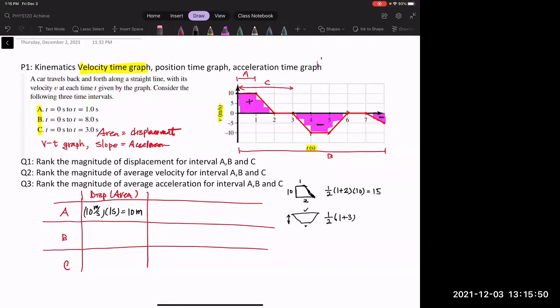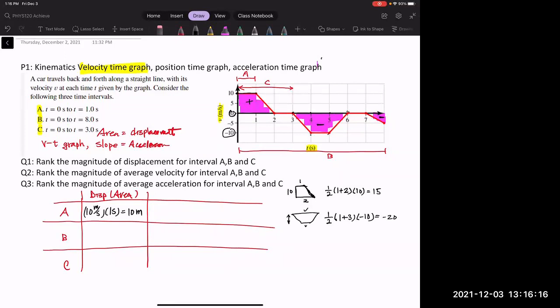And what is the height? The height is from 0 to -10. And when you multiply -10, that's why this is negative. And therefore, this number is going to be 1 plus 3 is 4, 4 divided by 2 is 2, 2 multiplied with -10 is -20.